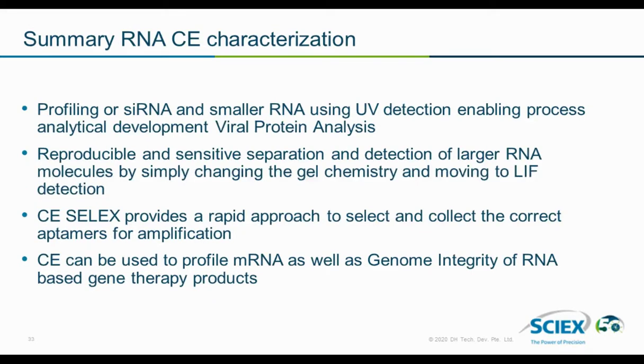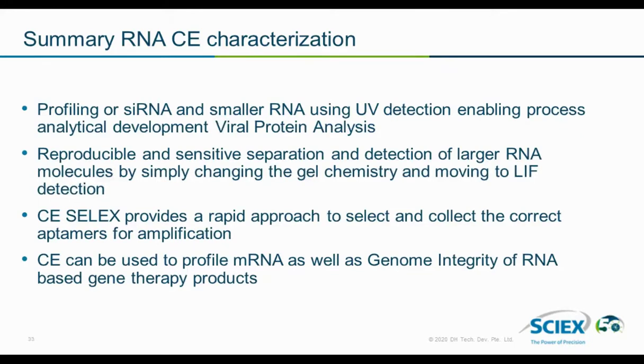If we look at RNA characterization by CE, basically RNA CE characterization helps you profile sRNA and smaller RNA molecules. These typically can be done with UV detection, which enables process analytical development, but also can be used in LIF, and we tend to move from UV to LIF depending on the sensitivity requirements of the assay. The assay is reproducible and sensitive and provides excellent separation even of larger RNA molecules.